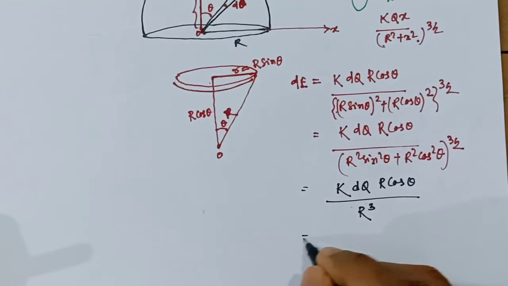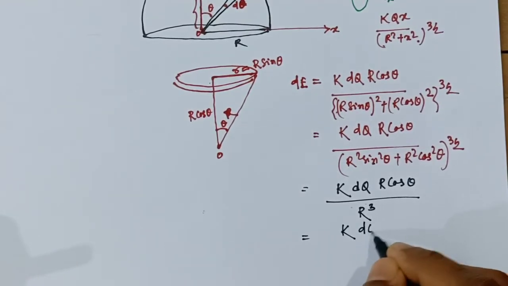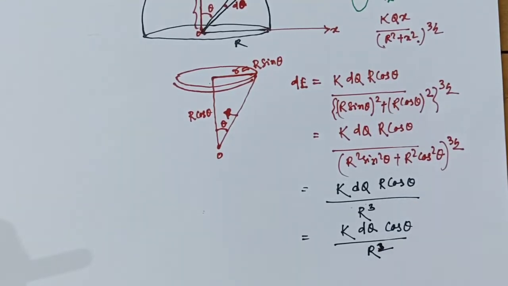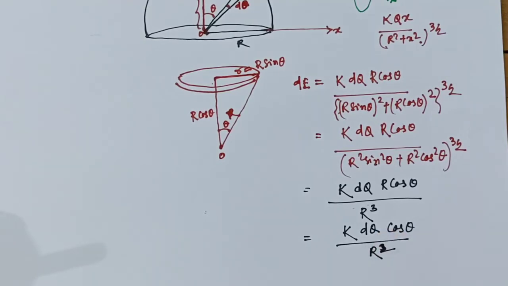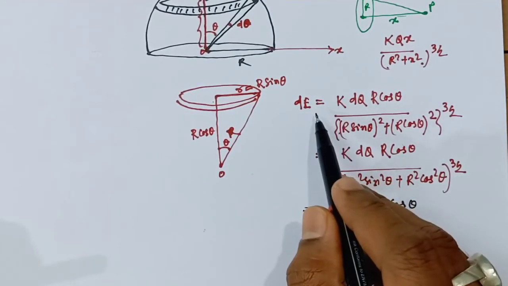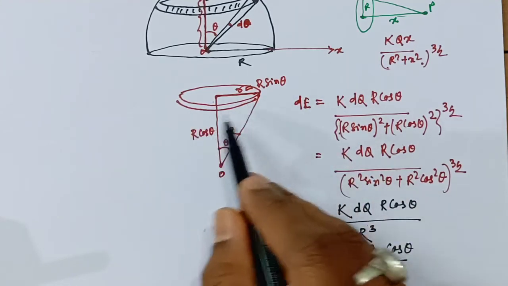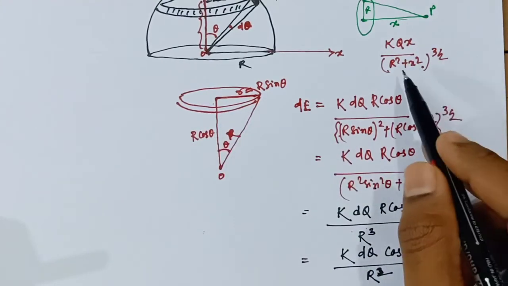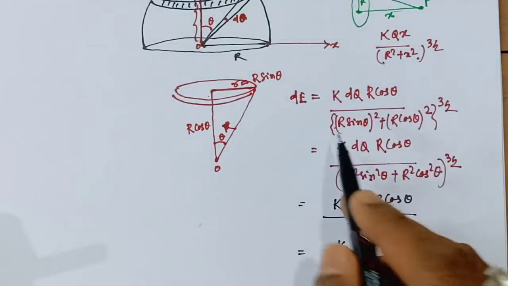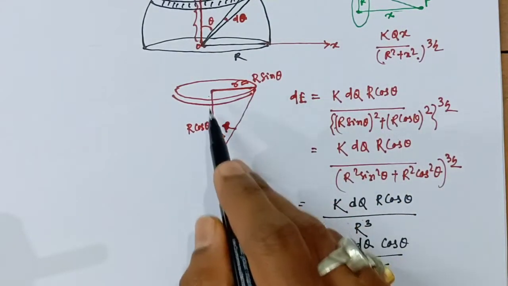And the expression simply becomes k dq cos theta upon R square. I hope this scenario is pretty clear to all. So I write the expression of electric field due to an elementary ring using this expression k q x upon (r square plus x square) whole to the power 3 by 2, where r is R sin theta and x is R cos theta.